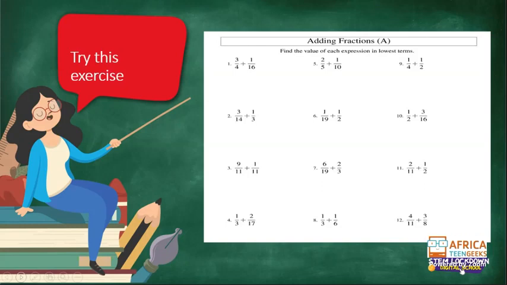All right, so for number 2, we have 3 over 14 plus 1 over 3. Can we do number 2? 3 over 14 plus 1 over 3. What is the answer there?